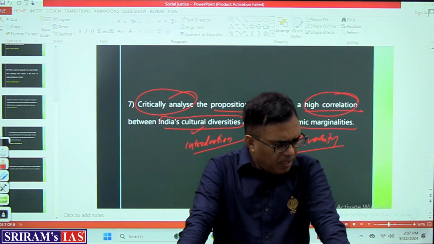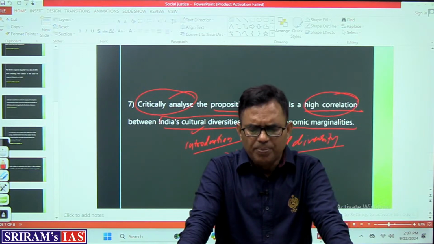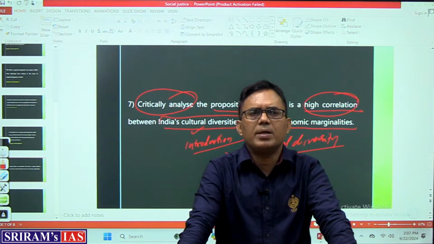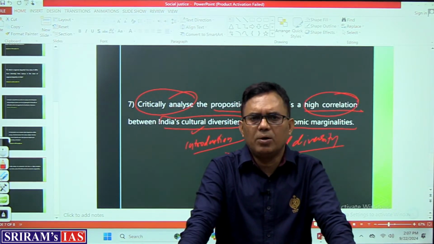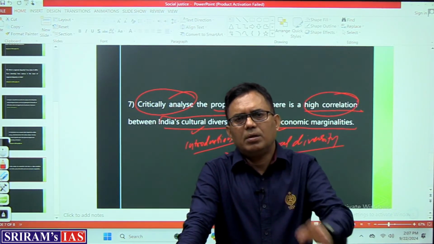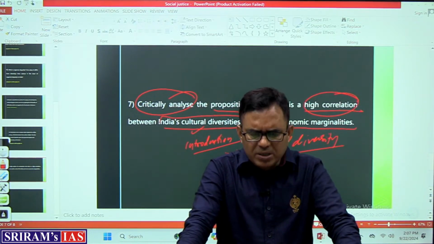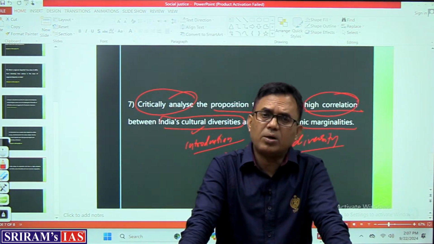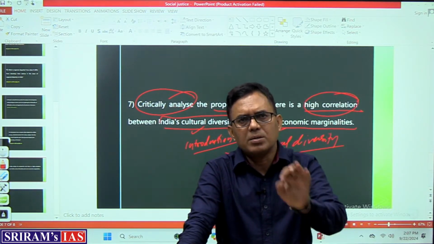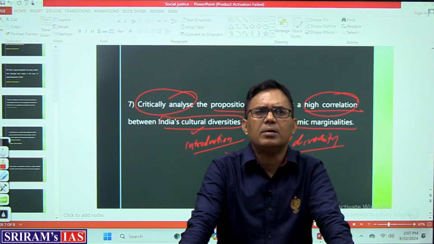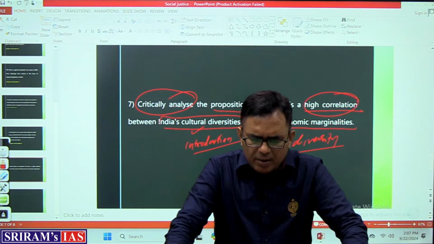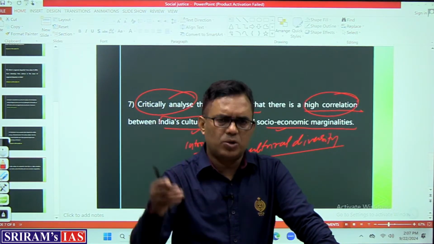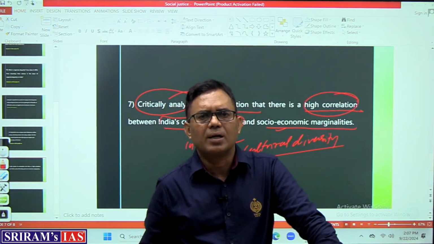The second kind is constructive marginalization. Constructive marginalization means when they go for pro-action, positive action, taking an active role to construct their own identity, and in the process of constructing their own identity they try to develop a sense of identity and sometimes go for mobilization and separation from the other culture.